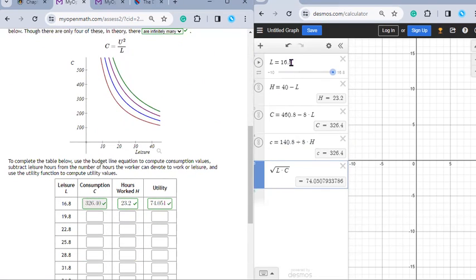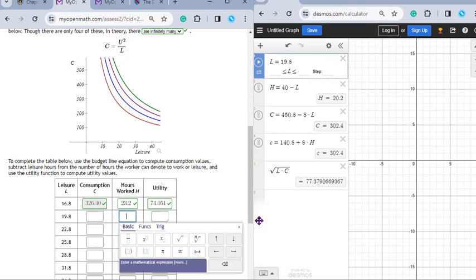All right, now let's increase leisure to 19.8. So when leisure is 19.8, I only have 40 hours to devote to leisure or work. Then my hours of work have gone down, which means my earnings have gone down, which means the money I have available for consumer goods has gone down.